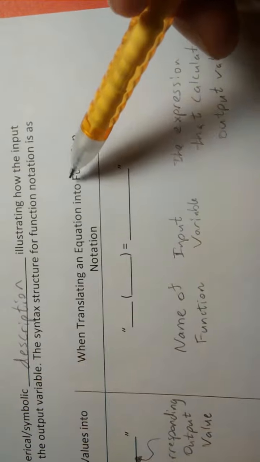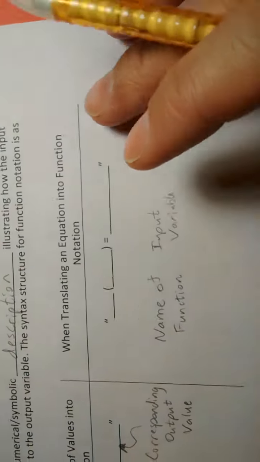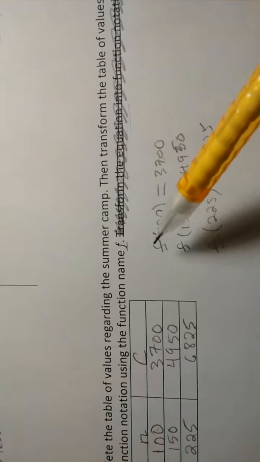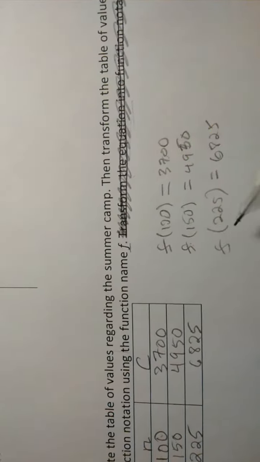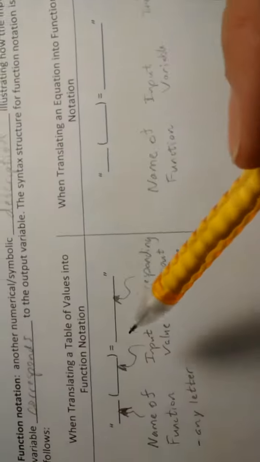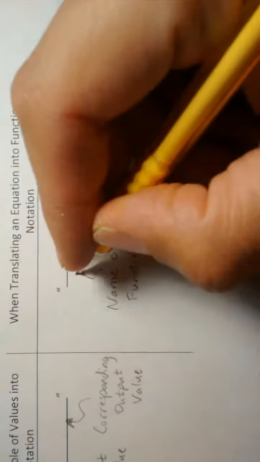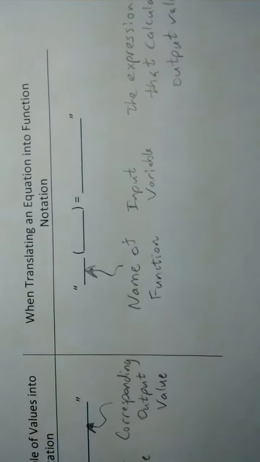So let me give you the syntax for rearranging an equation into function notation. Before, we took this table of values and wrote that same information as function notation. But when you're taking an equation and writing it in function notation, it has the same structure or syntax, just a couple different things. That first space takes on the name of the function.